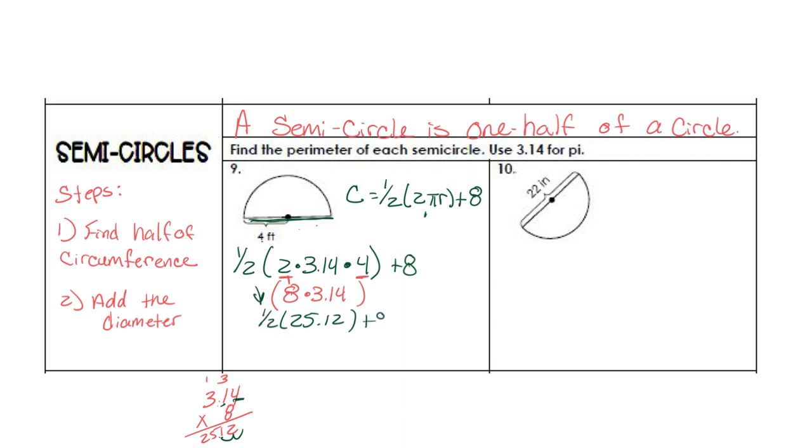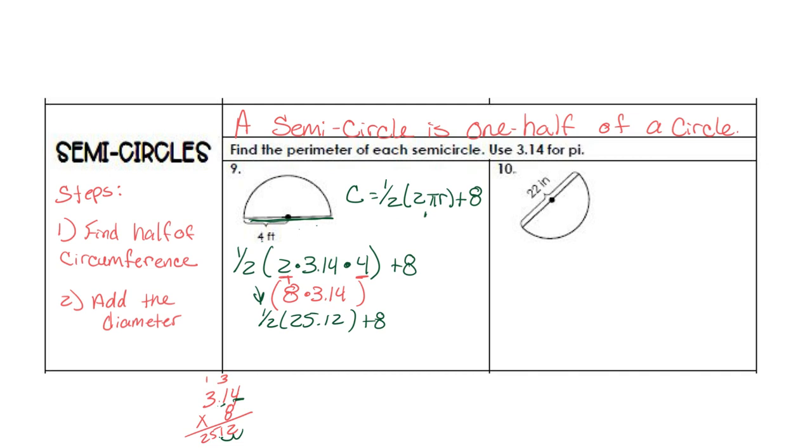Bring the rest of it down now: 1/2 plus 8. So again, order of operations. Parentheses, I did all that. Exponents, I don't have any. Multiplication, division from left to right. So moving from left to right, I multiply this first: 25.12 times 1/2.